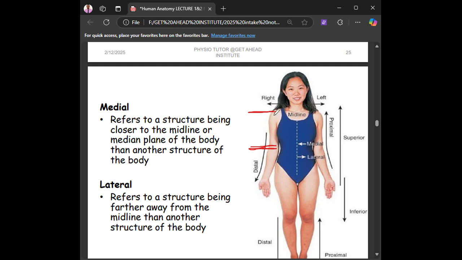Since the root is here, if a structure is somewhere here compared to a structure that will be here, let's say structure 1 is here and structure 2 is here, the structure at 1 will be considered proximal to the structure at 2, because the root is closer to 1 than 2.